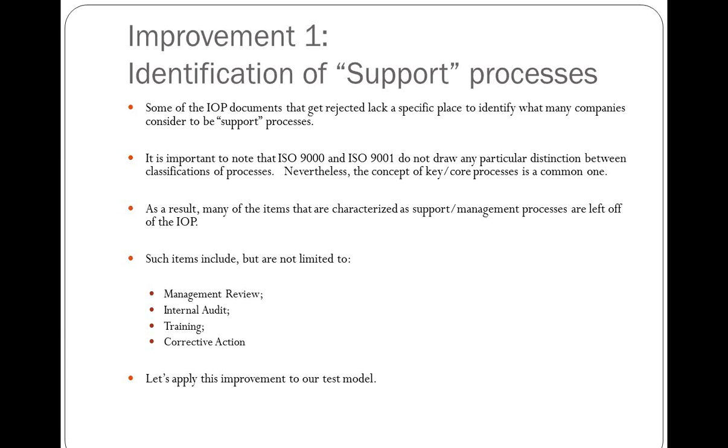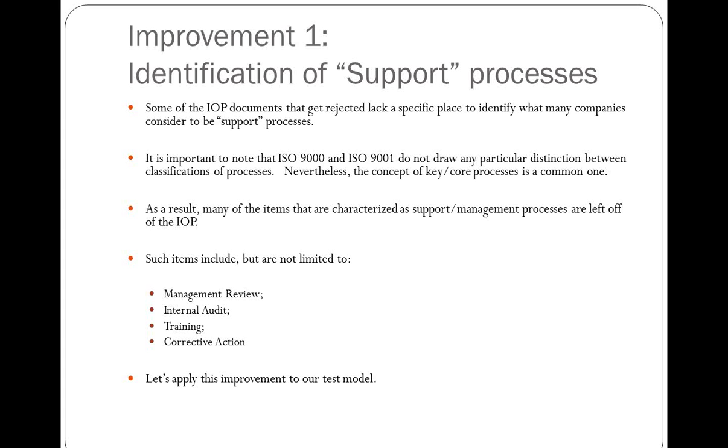Now, the first improvement that we can look at here, let's ask ourselves, where are the support processes? This is one of the things that happens when we have an IOP that's turned into us. We don't see support processes being identified. One thing I want to point out, in ISO 9000 and in 9001, there is no particular distinction that's drawn in terms of classifying your processes.